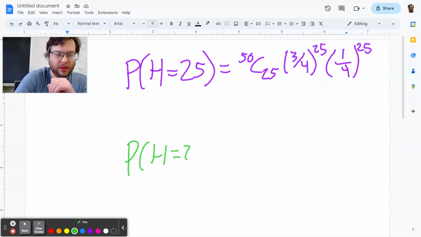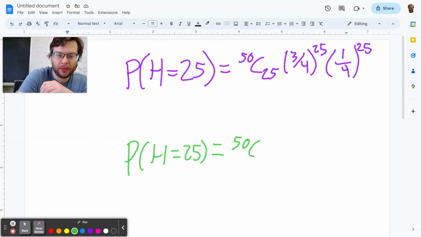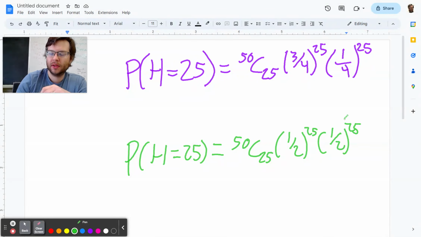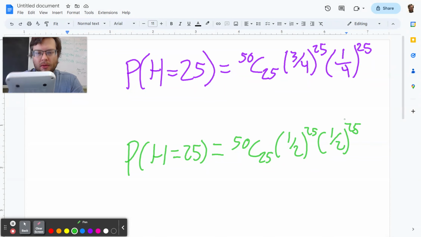So let's compare these two probabilities just to give you an idea. What's the probability with the fair coin? Green is fair, and purple is unfair. I'm kind of curious about what the difference in these probabilities is. So I type in 50 choose 25, 3/4 to the 25, 1/4 to the 25.